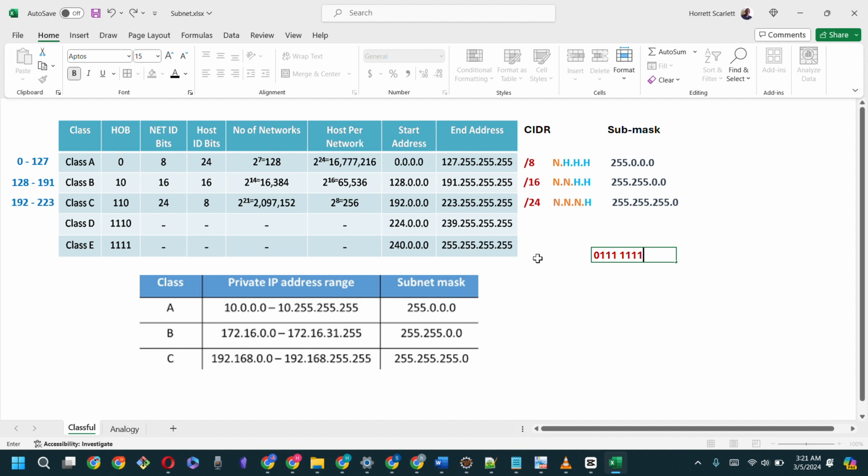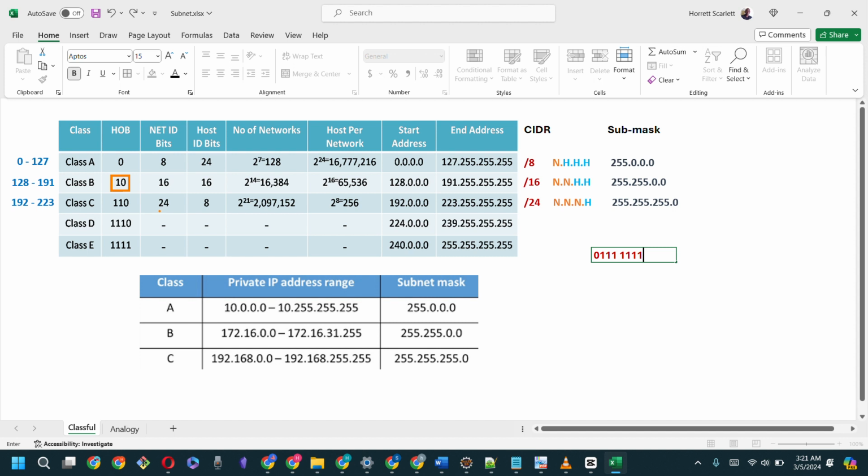However, out of those 16 bits, we have already indicated that 2 bits are predefined. So we can't make use of those 2 bits. So what we are left with is 16 minus 2, which gives us 14. So then we end up with 2 to the 14, meaning that we can create 16,384 networks.